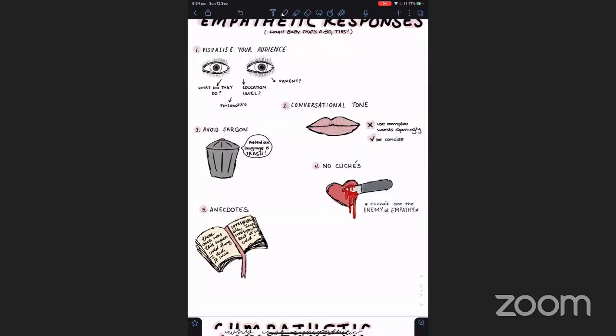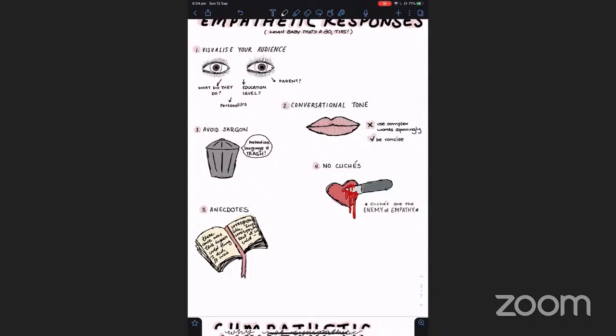Okay, so pathos is when you're trying to show emotion. So pathos is an appeal to emotion.